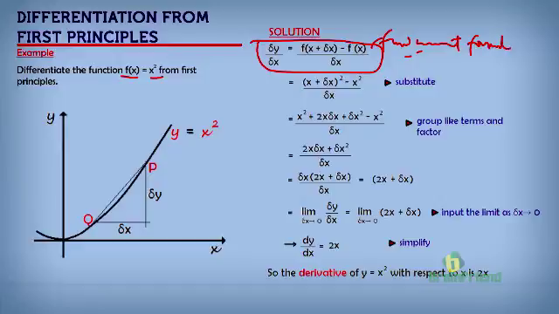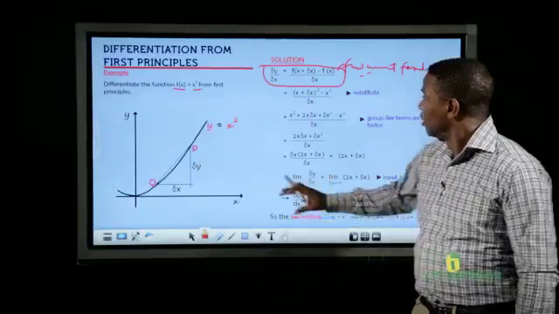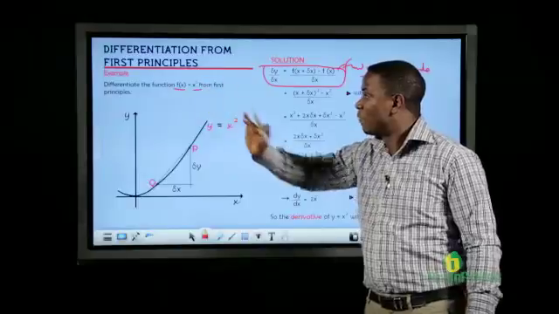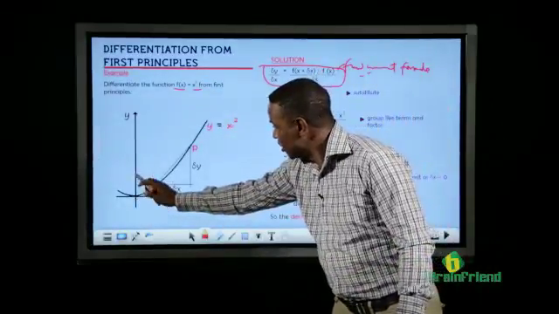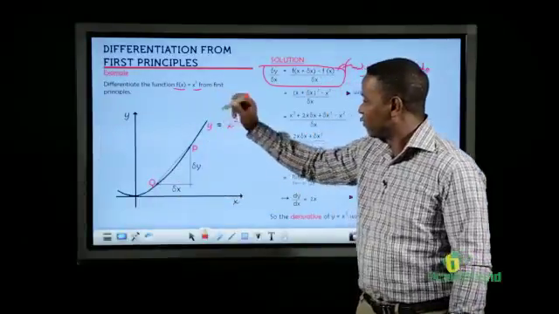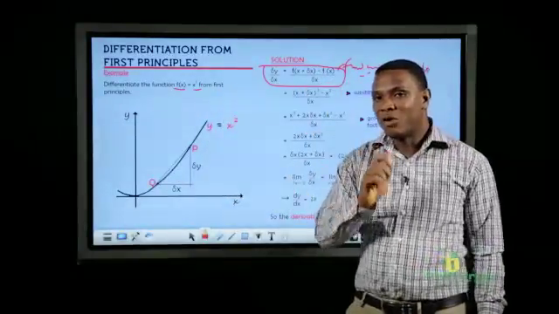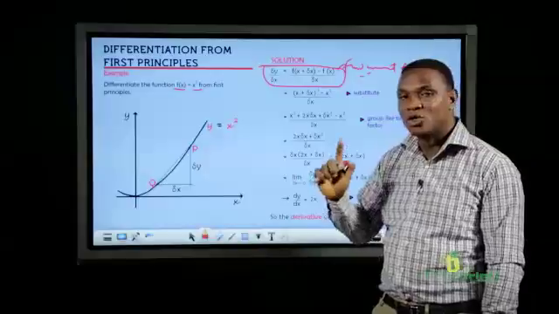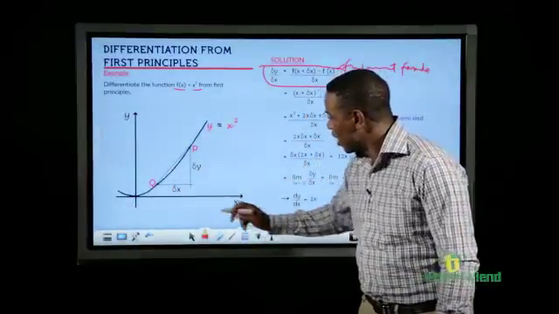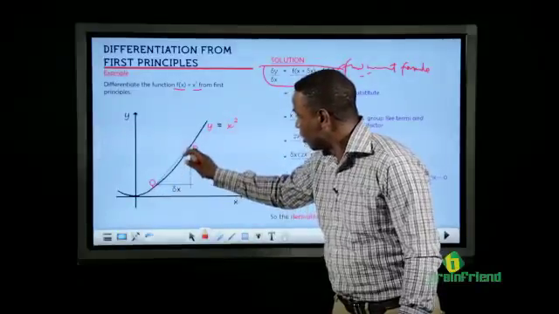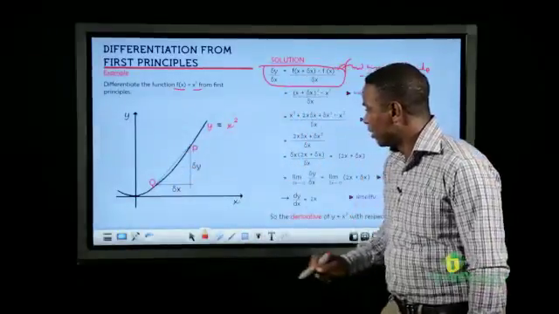from first principles. The graph of our function here, f of x is equal to x squared, as we can see drawn here, is a curve. Different from the graph of what we did earlier, where we had a straight line graph. In this case, it's a curve. And we have our point Q here and our point P here.